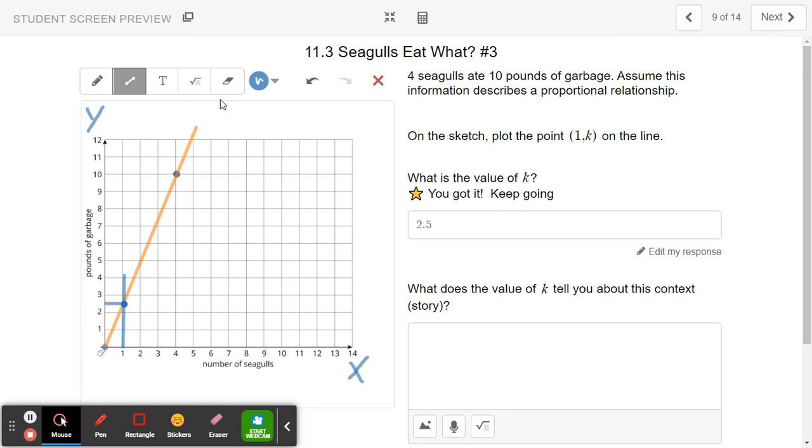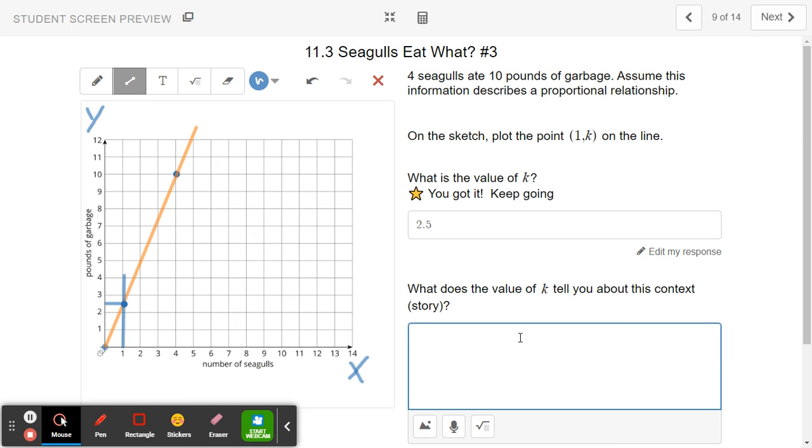Okay. And again, I didn't do any math calculations. I just used the graph, right? So now what does the value of K tell you? Remember K is the COP. So what's it tell us about the story, right?